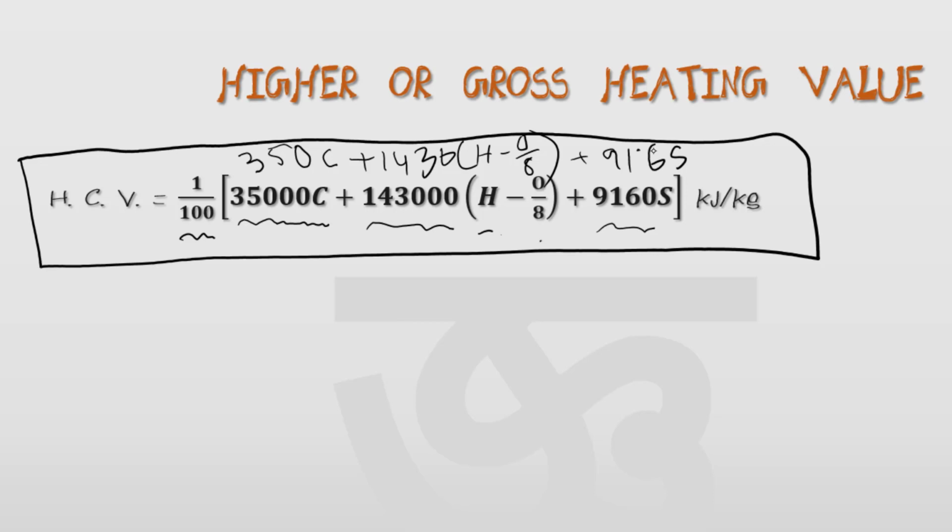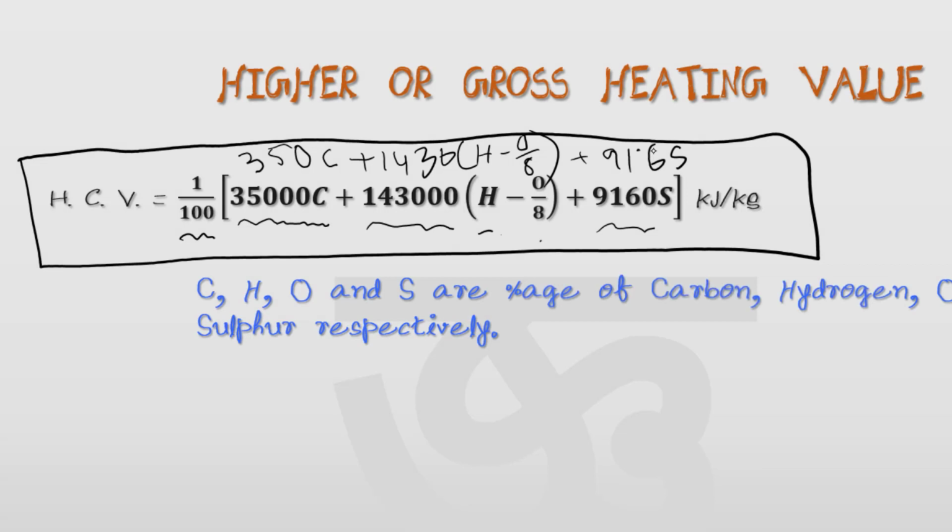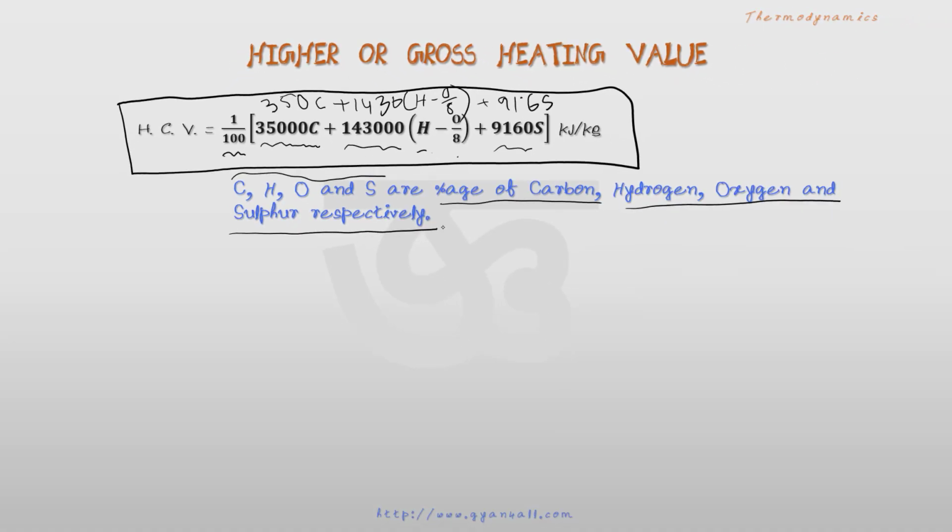C, H, O and S are the percentages of carbon, hydrogen, oxygen and sulfur present in the fuel.